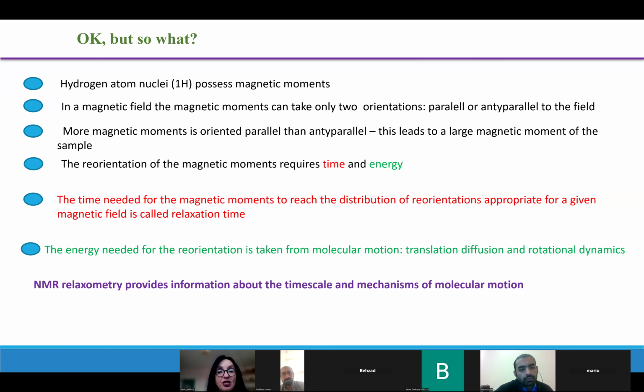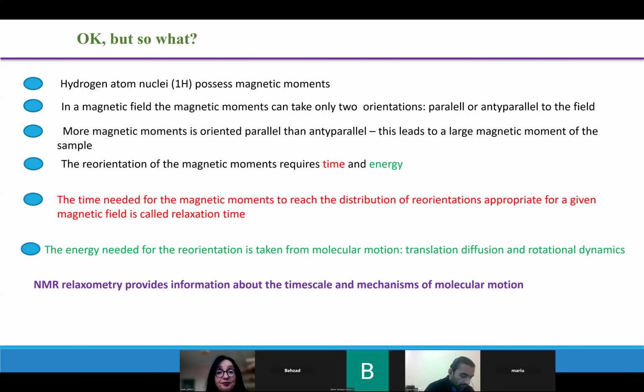Because I artificially select one hydrogen atom, I say that it has a magnetic moment, and the magnetic moment has 2 orientations, and somehow this particular proton, being the nucleus of the hydrogen atom, feels the need to exchange energy. With what?